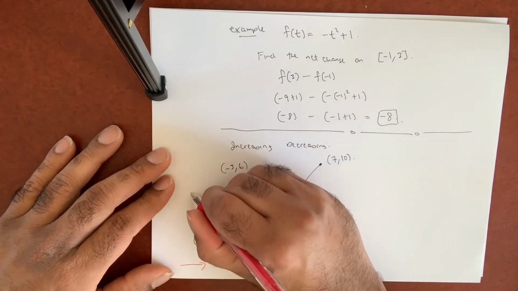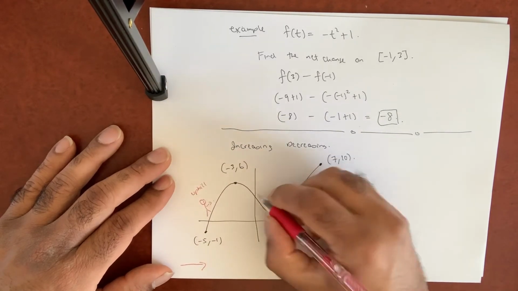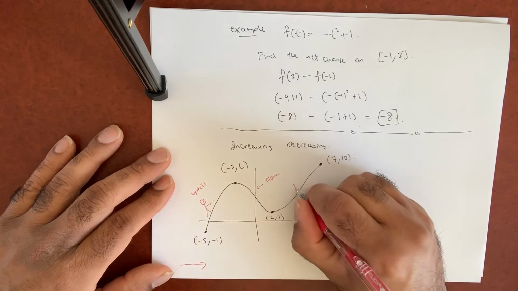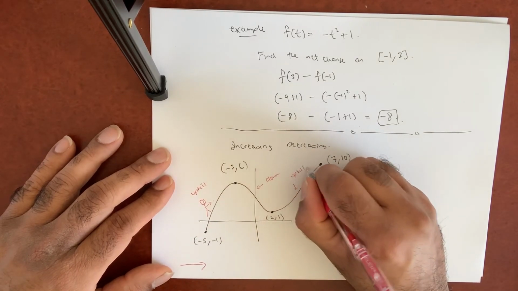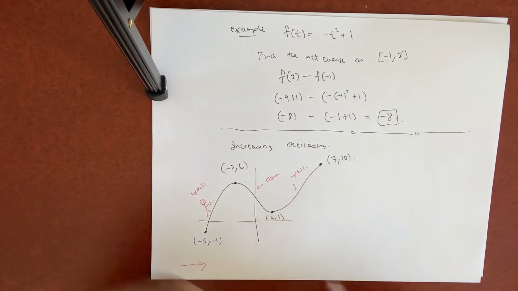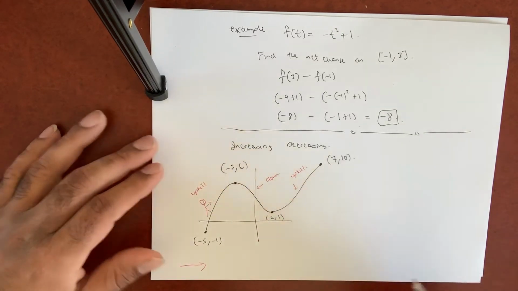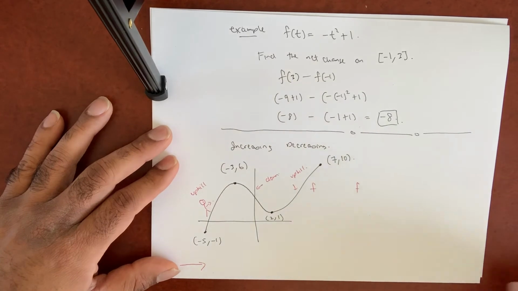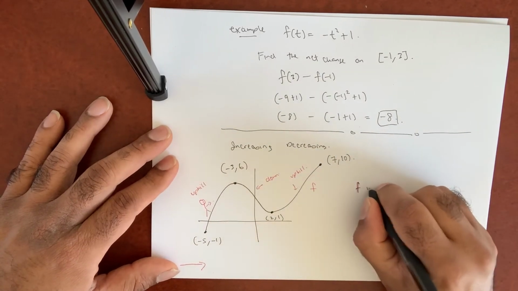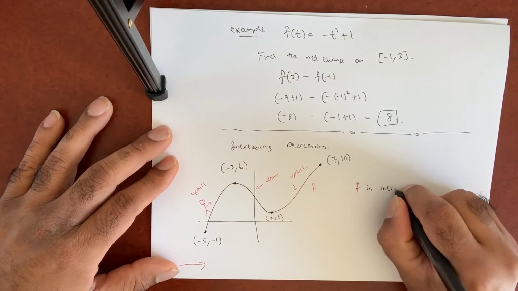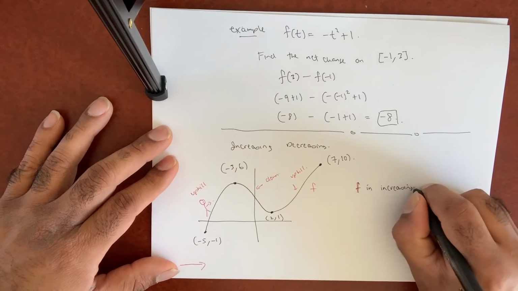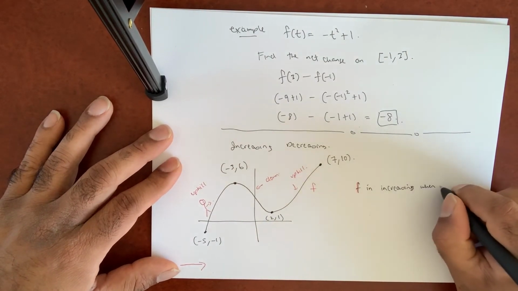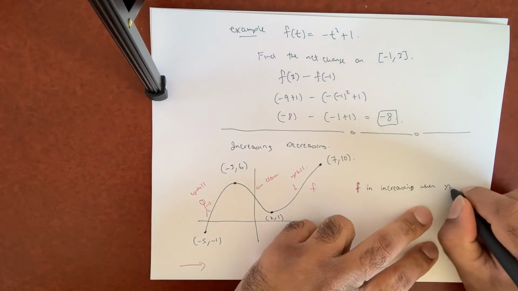So this is an uphill, this is a downhill, this is another uphill. And when you're traveling from left to right, whenever you're going uphill, we say the function f is increasing when you're going uphill.